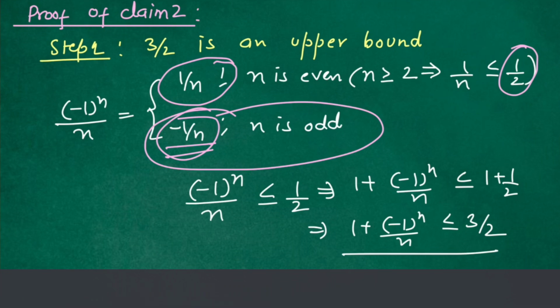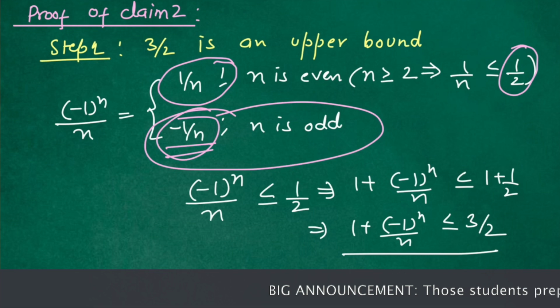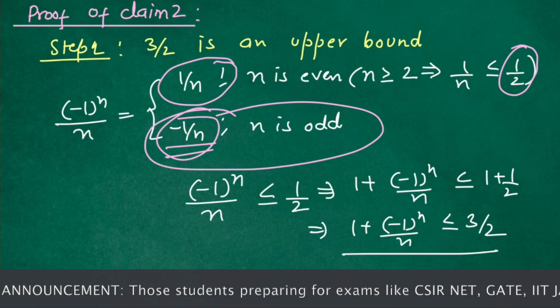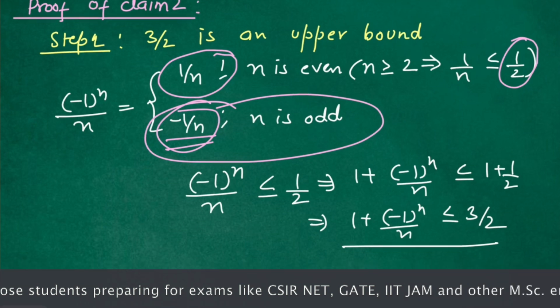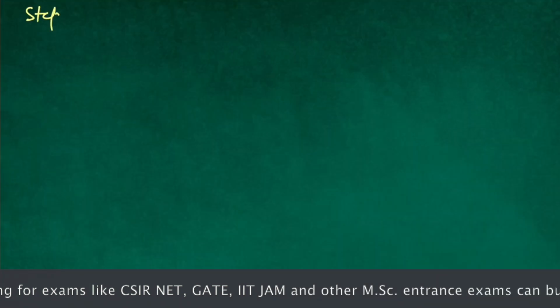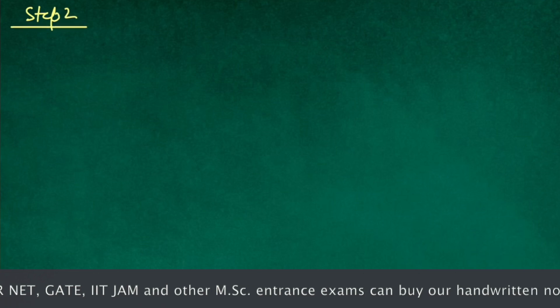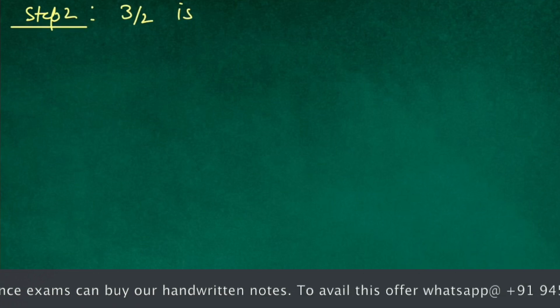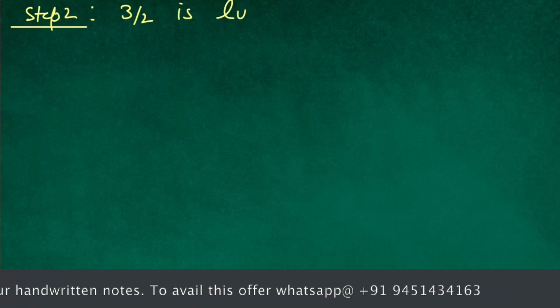Now let us prove in step 2 that this 3 by 2 is the lowest upper bound, right? So let us proceed towards step 2. 3 by 2 is the lowest upper bound.